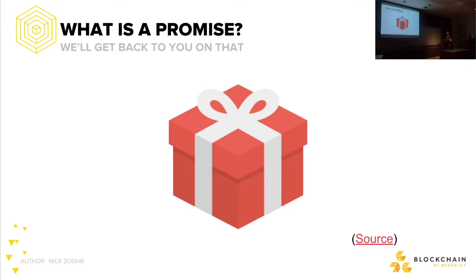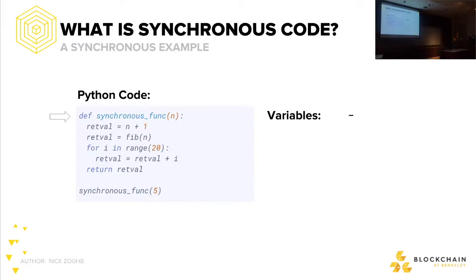What is synchronous code? Right, it's the way we're all used to writing code in 61A and 61B, right? Sequential, one line after the other. And so here you define the synchronous function, then you run the synchronous function with 5 as the input, then retVal gets set to 6, and then you call a different function, and then that has to be blocking, right?